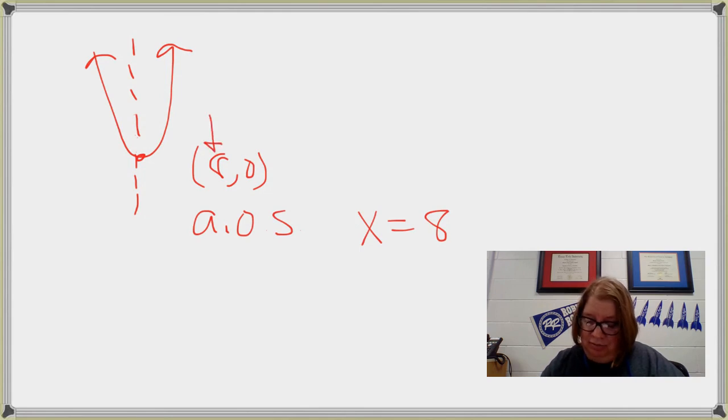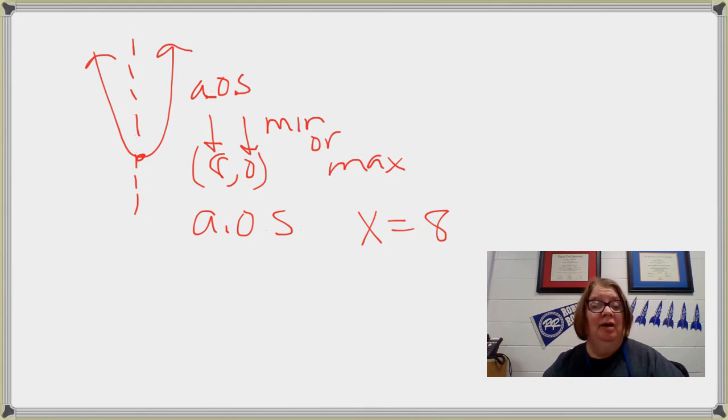That tells you the axis of symmetry, and this tells you your minimum or maximum. AOS, axis of symmetry: the x part tells you the axis of symmetry. The y part tells you the minimum or maximum. And we know it's a minimum or maximum depending on whether it opens up or down. Okay? All right.